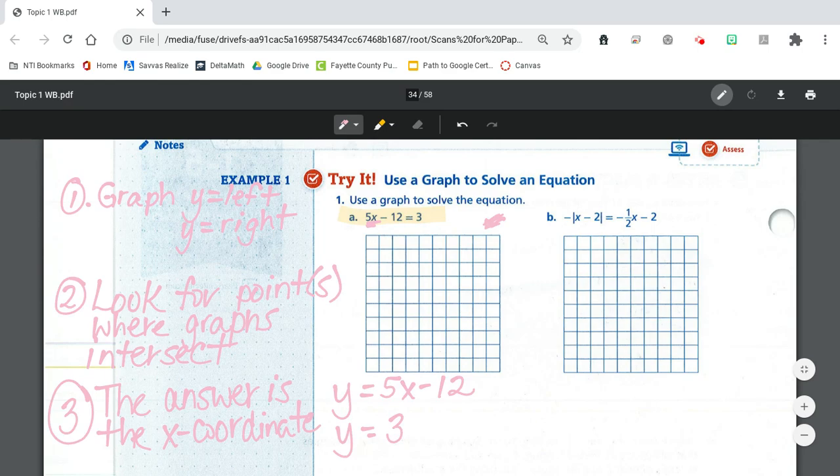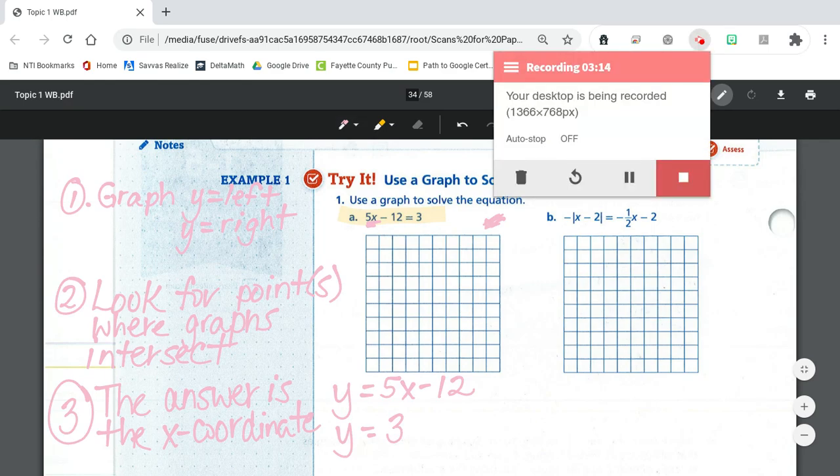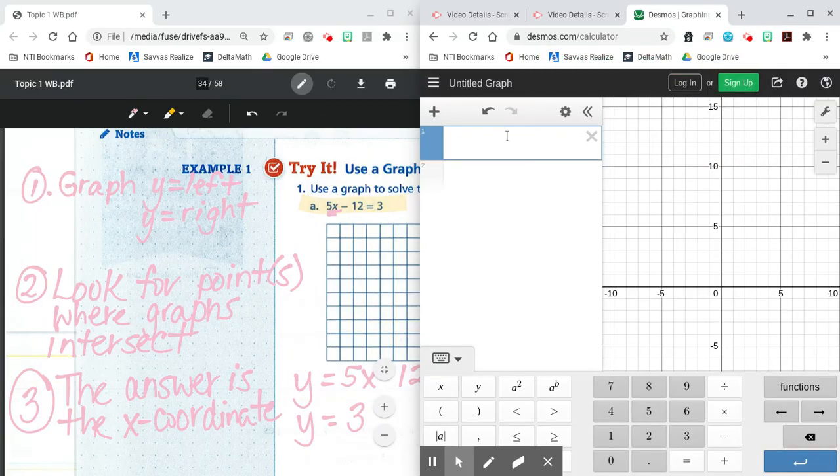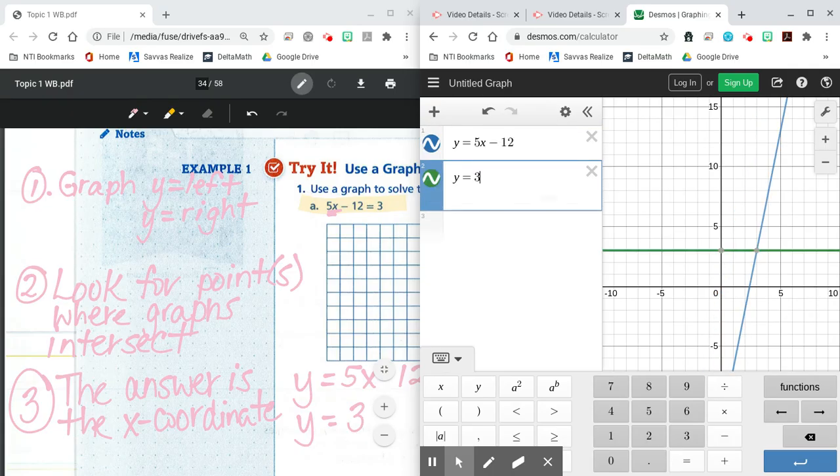Now, let's see what this looks like in Desmos. So on one side, I'm going to graph y equals 5x minus 12. My next line is going to be y equals 3. Sometimes you'll have to move the zoom or change the window where you can see. Okay, so that's step 1, graph the 2.